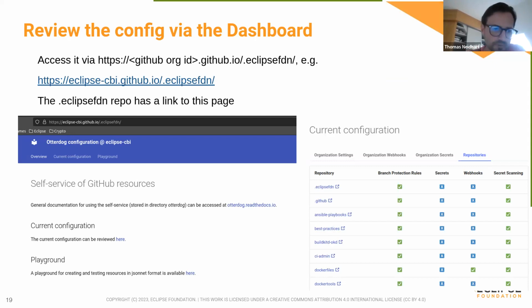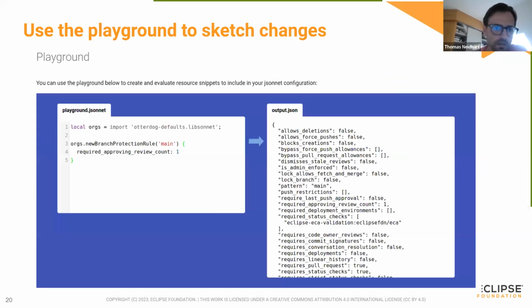Another thing that is quite interesting is the playground. It allows you to play around with the snippets and see what is the resulting configuration. In this case, for example, I was creating a snippet to create a branch protection rule for the main branch, and just adapting one specific setting, otherwise taking all the settings from the default.